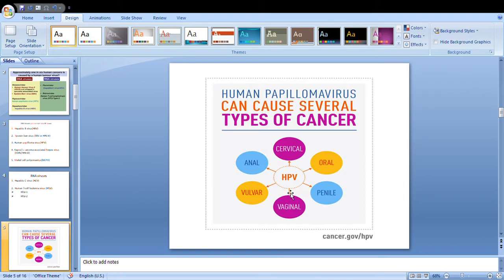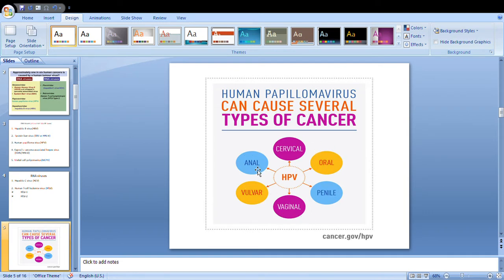Among the DNA viruses, the most common and important oncogenic DNA virus is the human papilloma virus, and this causes several types of cancers. As you will see on this slide, the human papilloma virus causes cervical, oral, penile, vulvar, and anal tumors.